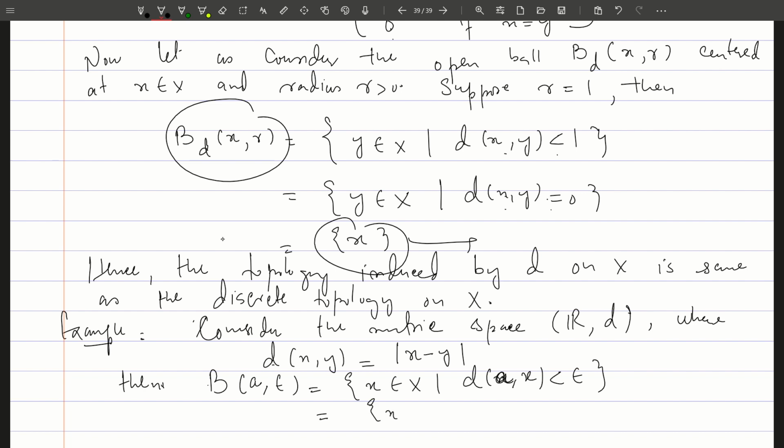So this is the set of all points x in X such that mod of a minus x is less than epsilon. So this is the same as the set of all points which lie in the interval (a minus epsilon, a plus epsilon). So this is an open set with respect to the usual topology. So this standard metric induces the standard topology on X.